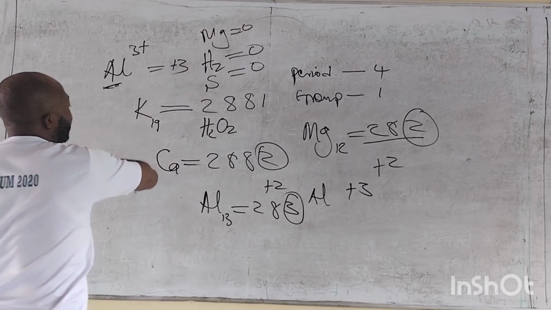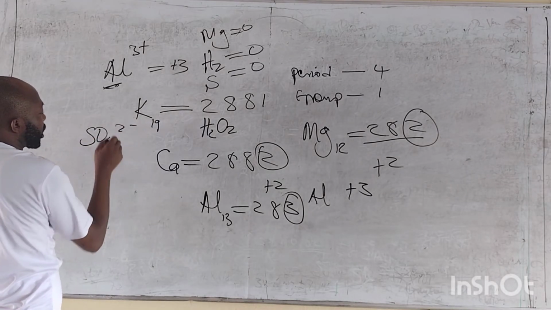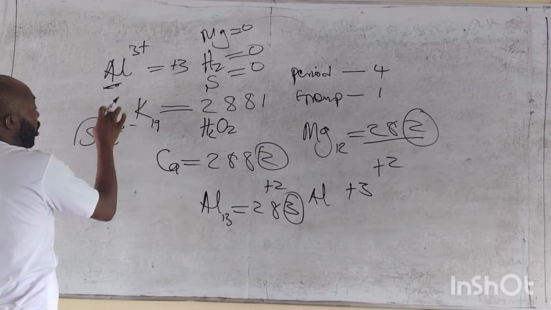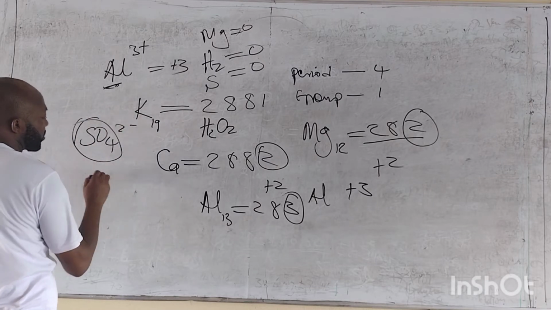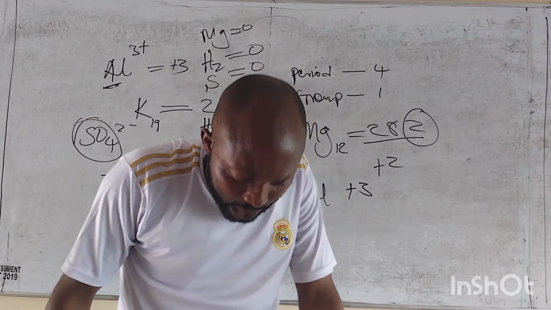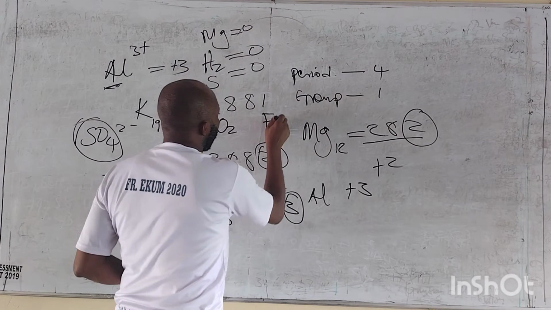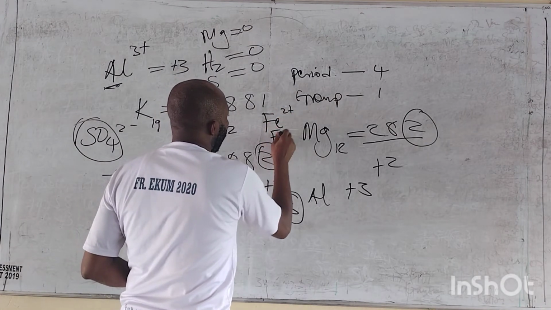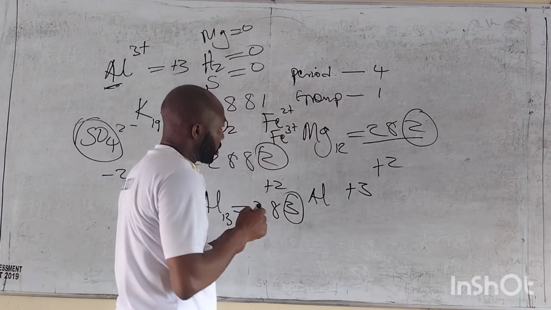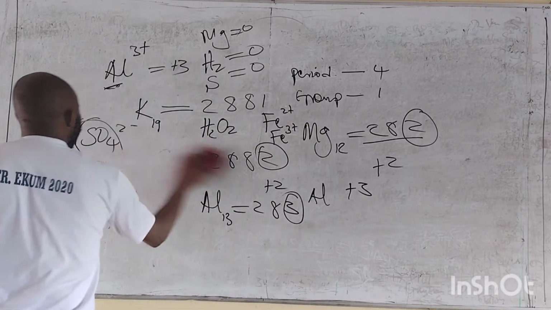If I have SO4 2-, the oxidation number of this ion is -2. It's equal to the charge on the ion. And so on. We have Fe2+, Fe3+, and so on. The oxidation number of iron here is +2, here is +3, and so on and so forth.